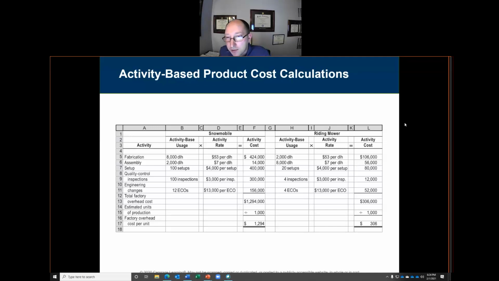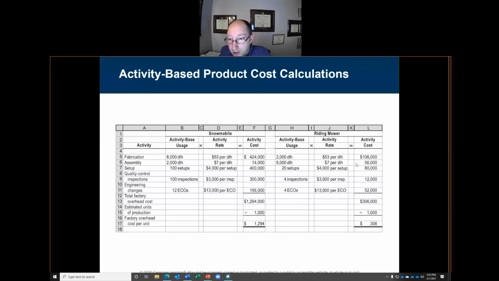We do the same process for the riding lawnmowers. Fabrication, 2,000 hours times $53 per hour. 8,000 hours for assembly times $7 per hour. 20 setups times $4,000 per setup. 4 inspections times $3,000 per inspection. 4 engineering changes times $13,000 per engineering change.